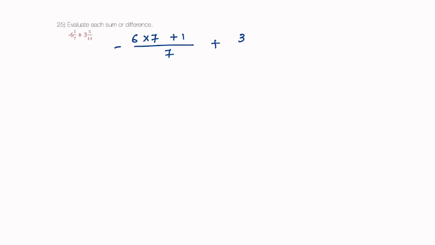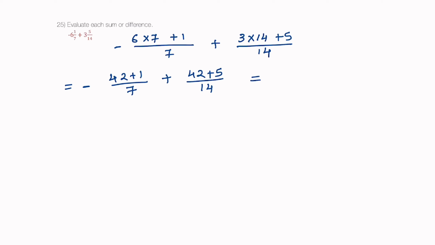Plus 3 times 14 plus 5 over 14, which is equal to minus sign 42 plus 1 over 7 plus 42 plus 5 over 14. That is equal to minus sign again 43 over 7 plus 47 over 14.